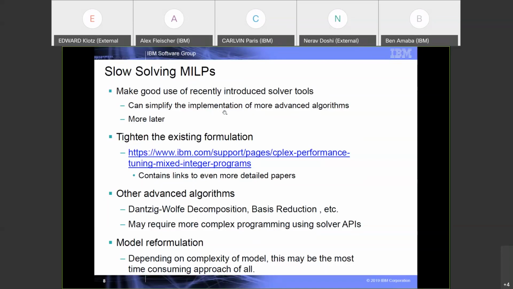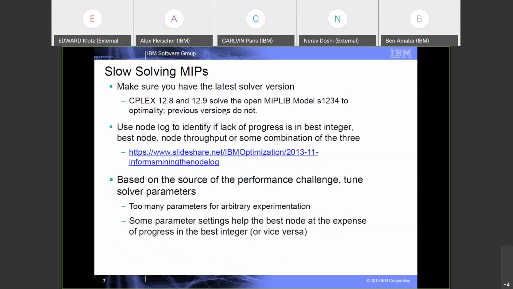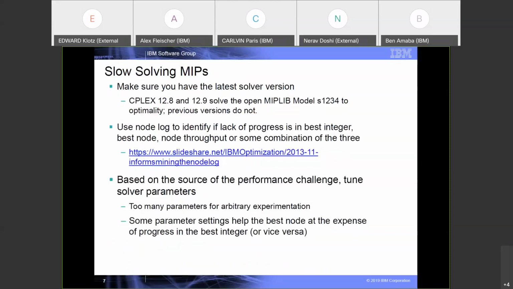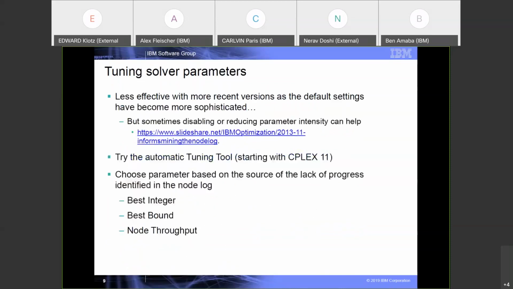So basically what we have in the slides is a ladder from simpler tactics to more complex tactics to try to address performance issues. So you work your way up the ladder. You start with the easiest stuff, and then you move on to get to the one that you need to actually solve things.